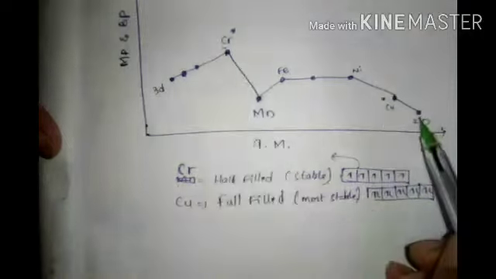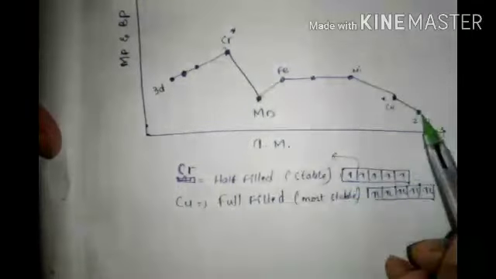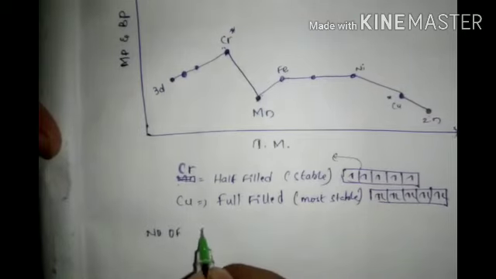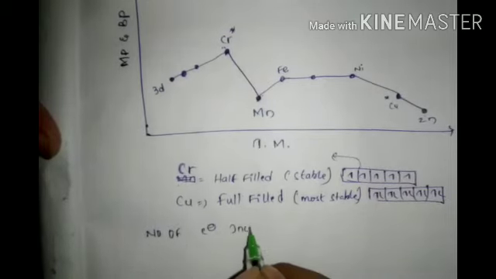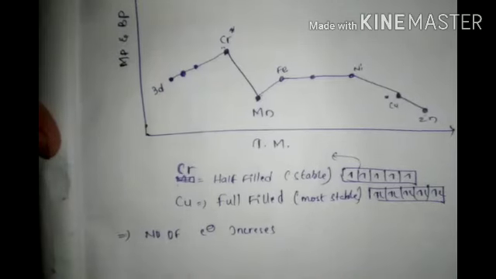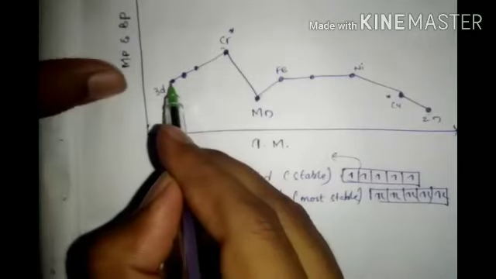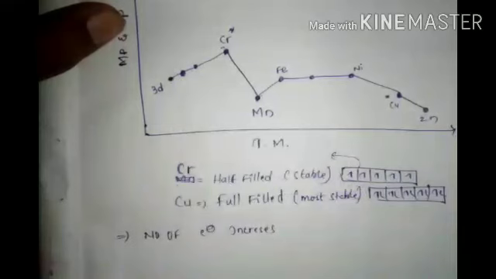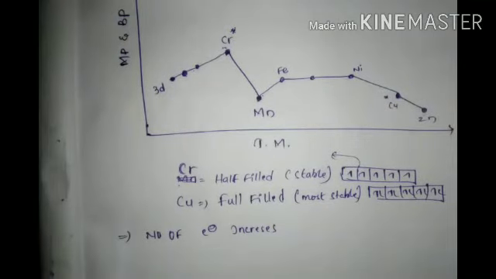Sir, from here to here, why does it decrease? Because the number of electrons increases. See, how much is coming here? The melting points are not given in the book. One minute, I will check. The values are not given.